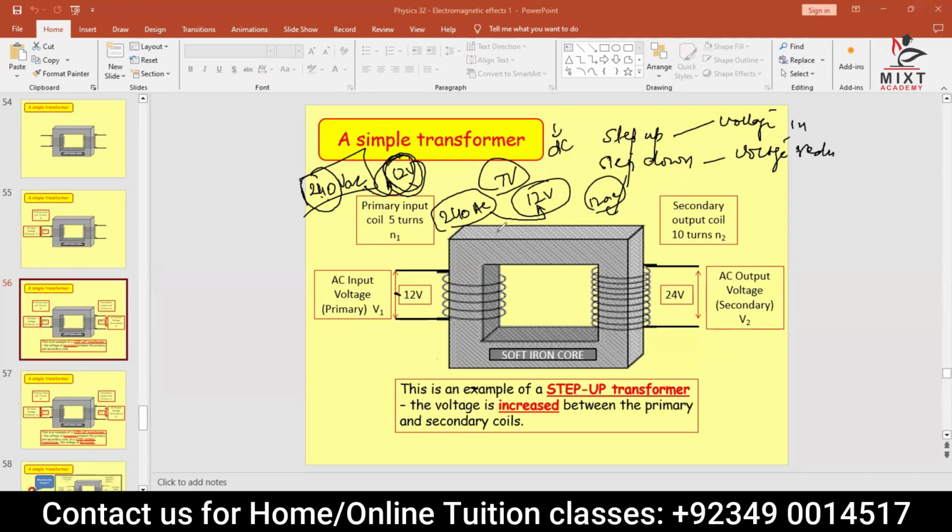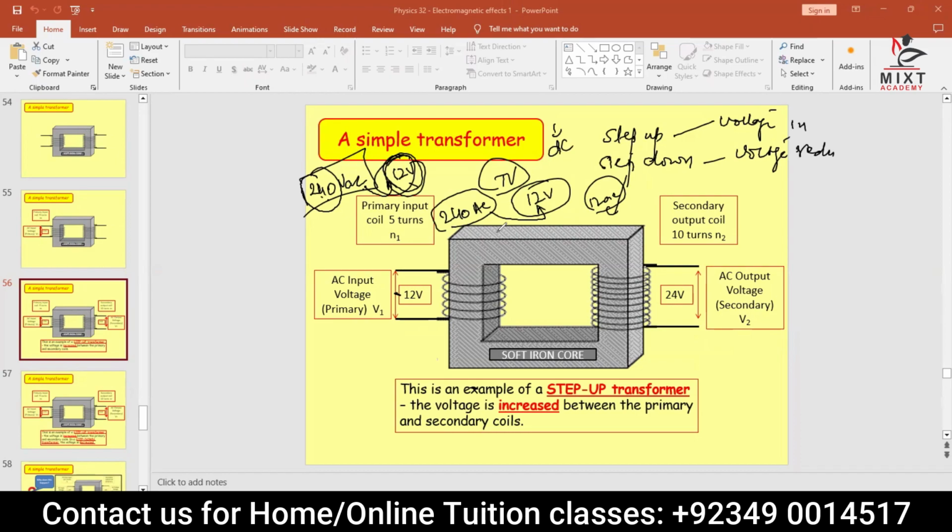Yes, Ibrahim. So basically, the transformer used in televisions, the transformer used everywhere wherever you have to reduce the voltage and then operate on DC, all those places use this transformer.